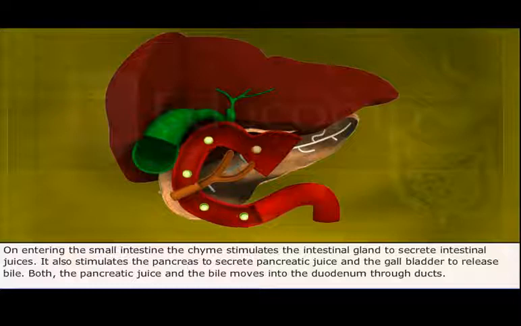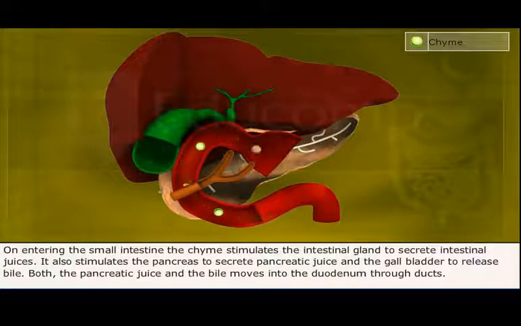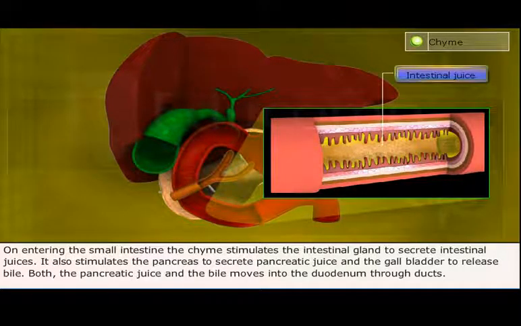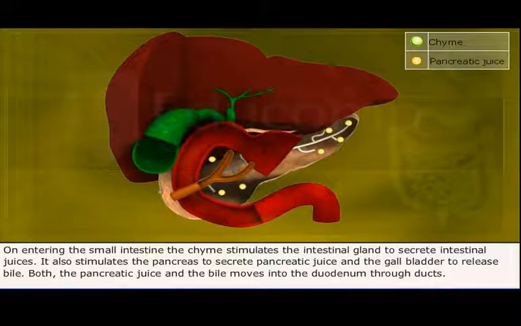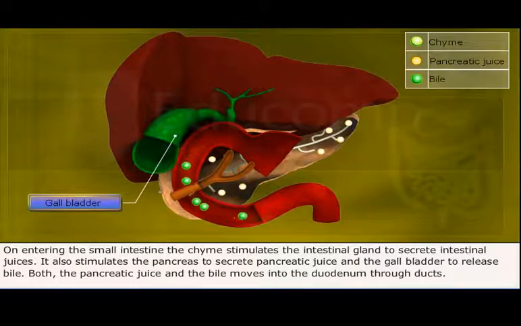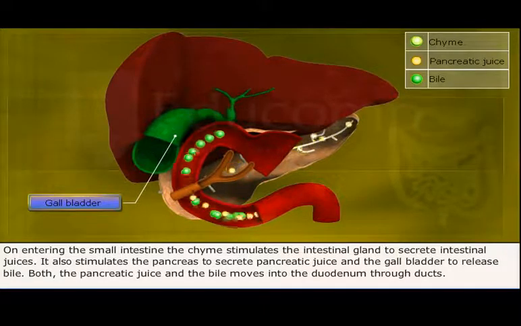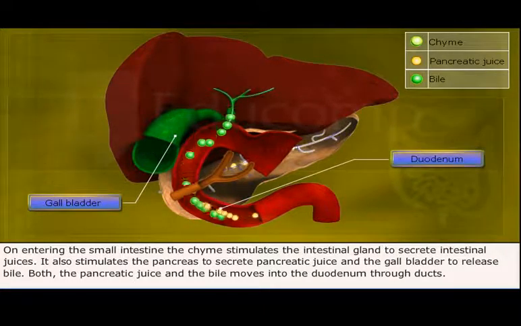On entering the small intestine, the chyme stimulates the intestinal gland to secrete intestinal juices. It also stimulates the pancreas to secrete pancreatic juice and the gallbladder to release bile. Both the pancreatic juice and the bile move into the duodenum through ducts.